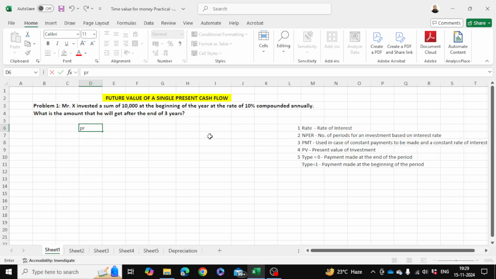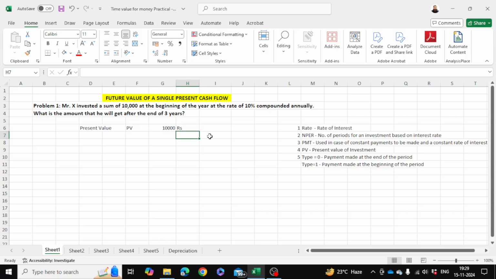So PV, present value, we denote it by PV, and you have to write initially the given things. So it is 10,000, and you will write down rupees in the next cell, not in the same block, because we need to use the cell for calculation purposes.